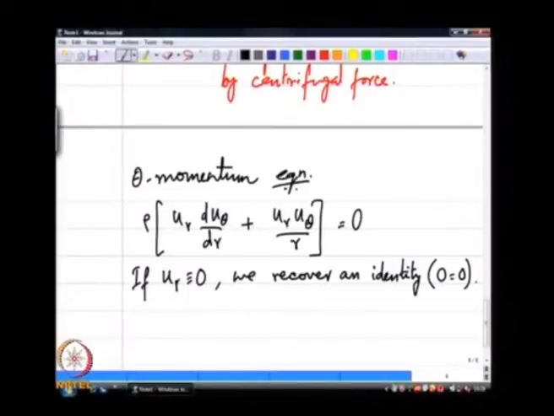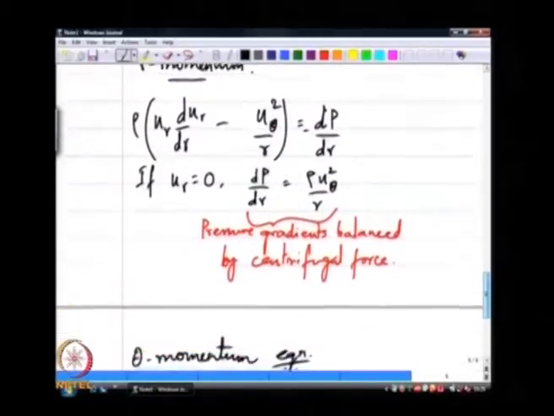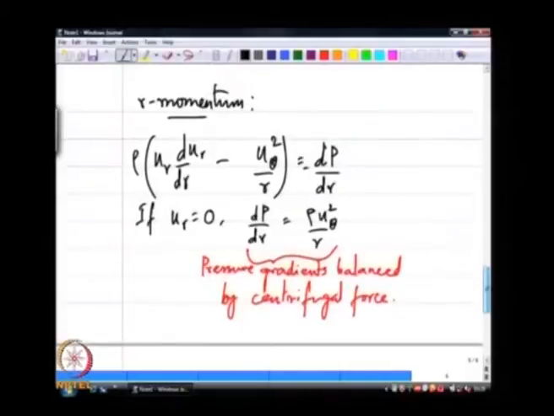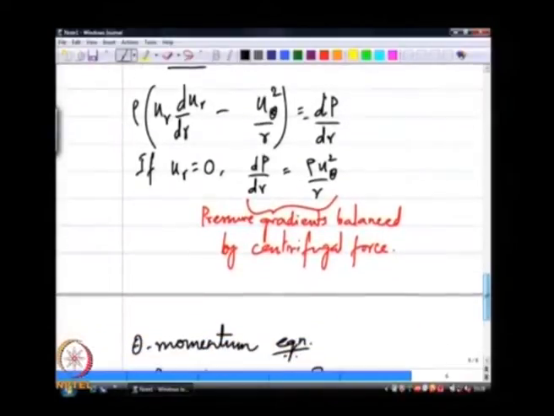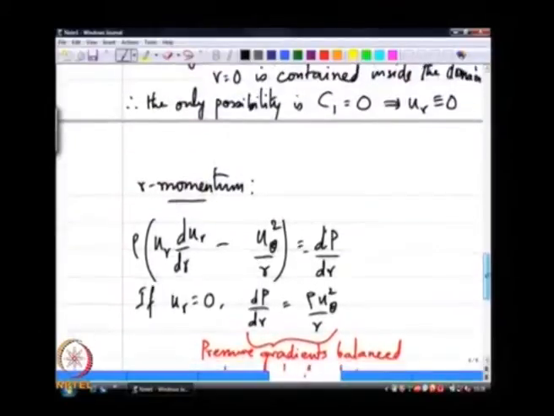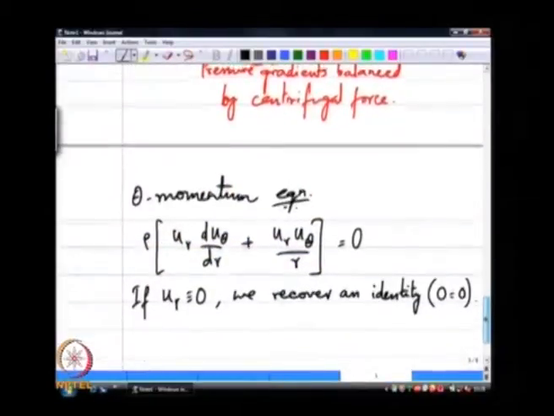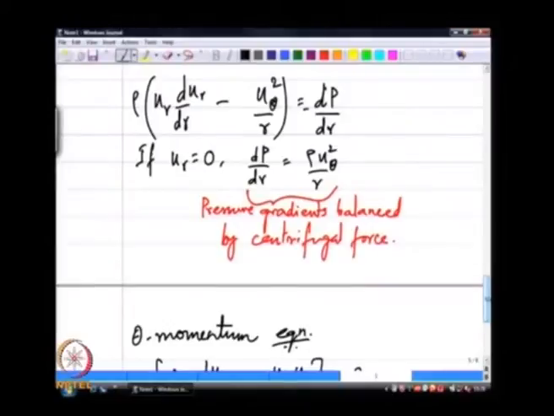So, as far as Euler's equations are concerned, you really cannot solve for u theta and P. You essentially have one equation, which says dP dr is rho u theta squared over r, and u theta and P are two unknowns.